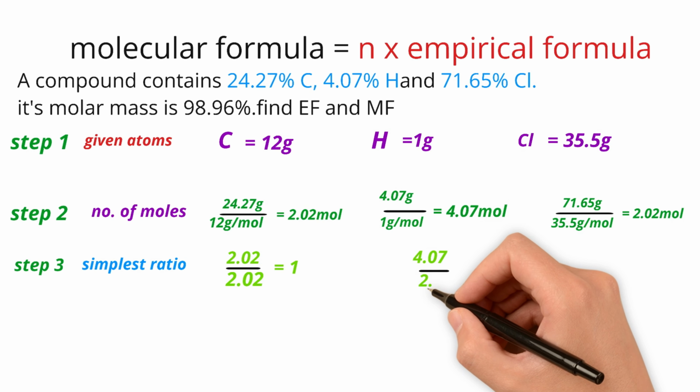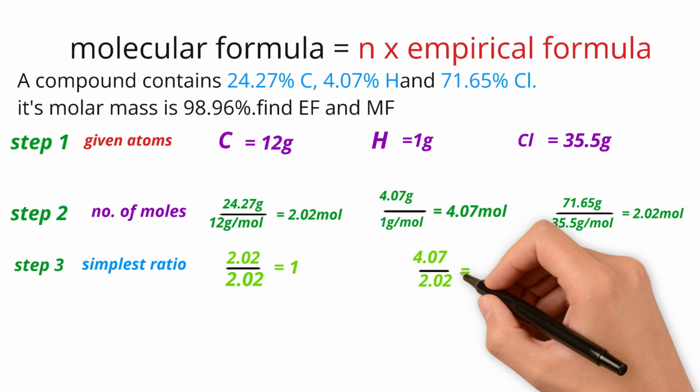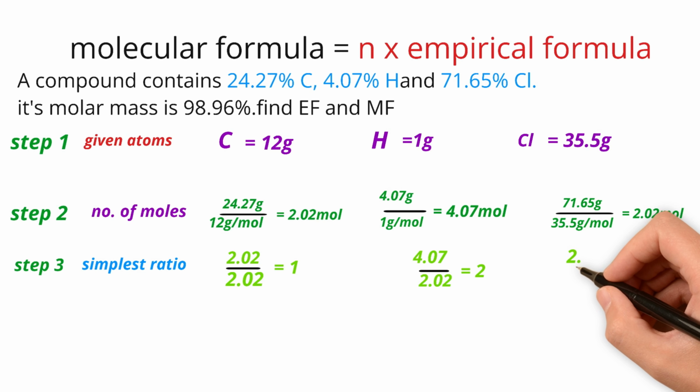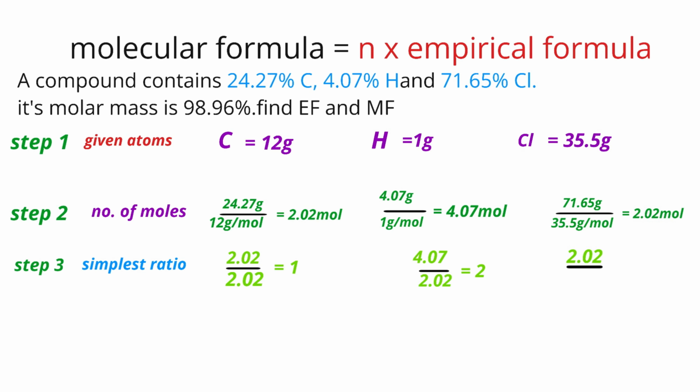And finally, chlorine, 2.02 upon 2.02, which is equal to 1. Therefore, the subscript of carbon is 1, the subscript of hydrogen is 2, the subscript of chlorine is 1.